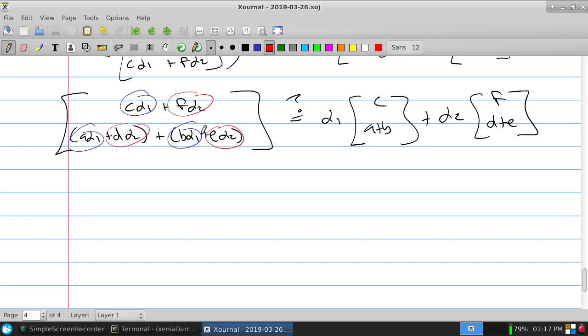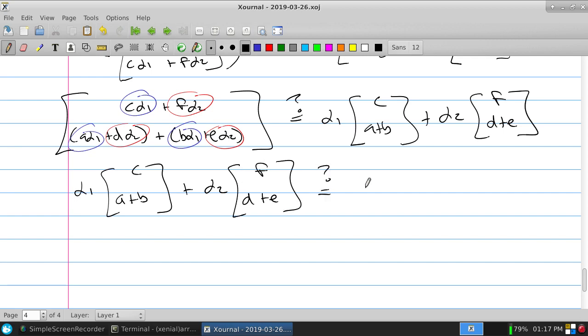So if I go ahead and break them across like that, this is alpha 1, and there's C alpha 1s on the first, and there's A plus B alpha 1s on the second, and an alpha 2. Well, there's an F alpha 2 up here, and there's a D plus E alpha 2 on the bottom, and the answer is yes. So this is a linear transform.